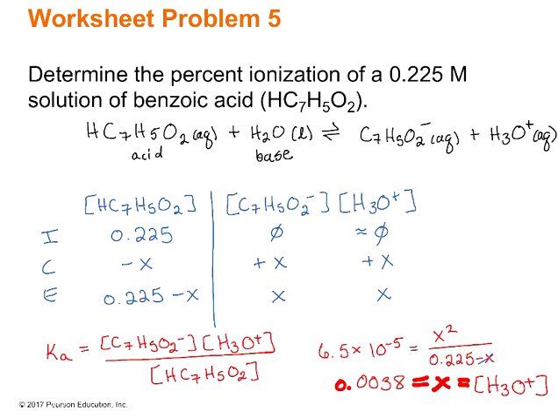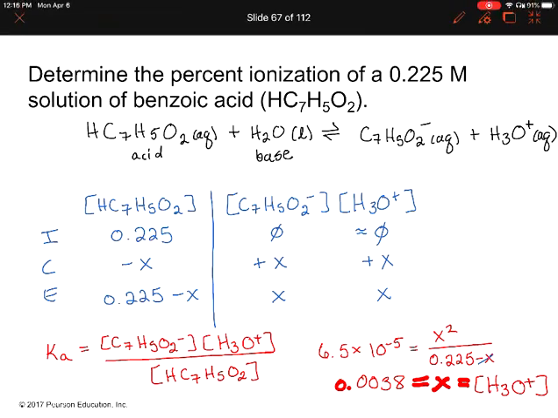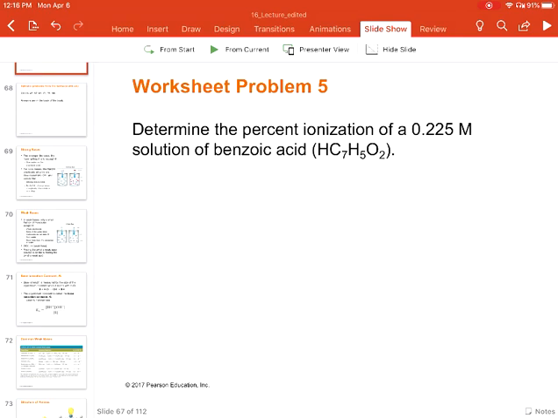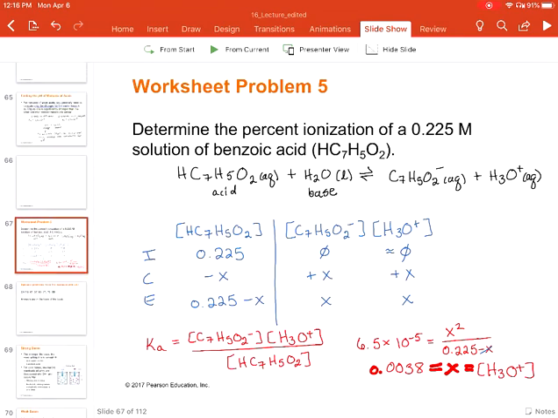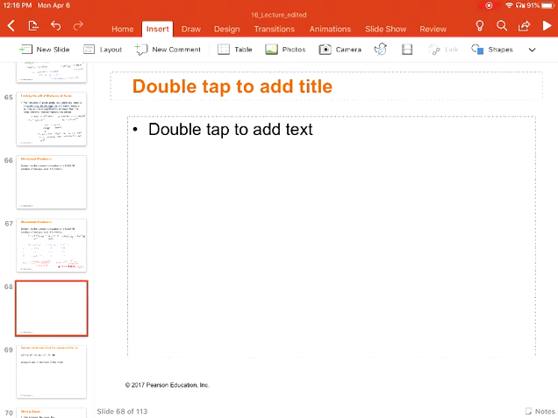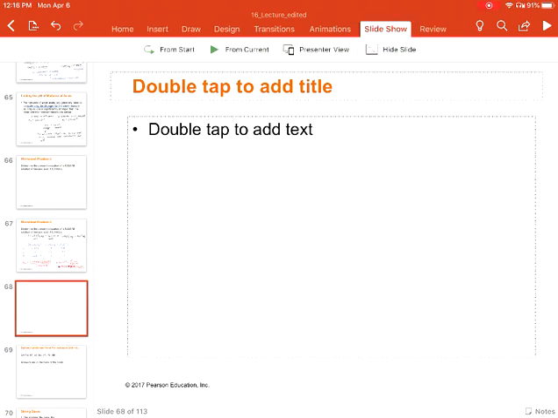So now we have to calculate the percent ionization. And actually, I think I'm going to add in a slide here because we're running out of space. So let's insert a new slide. So now let's figure out the percent ionization. So we said that the concentration of hydronium ions at equilibrium is equal to 0.0038.